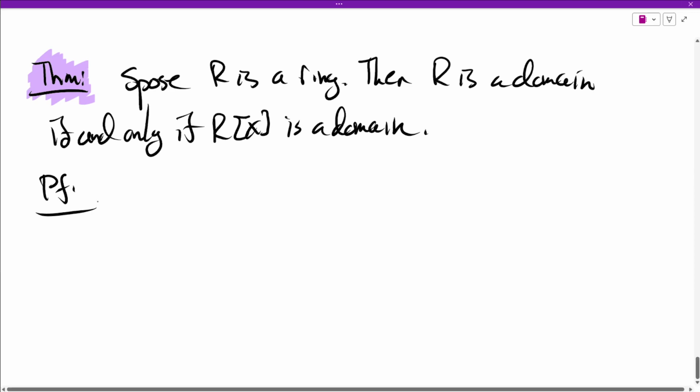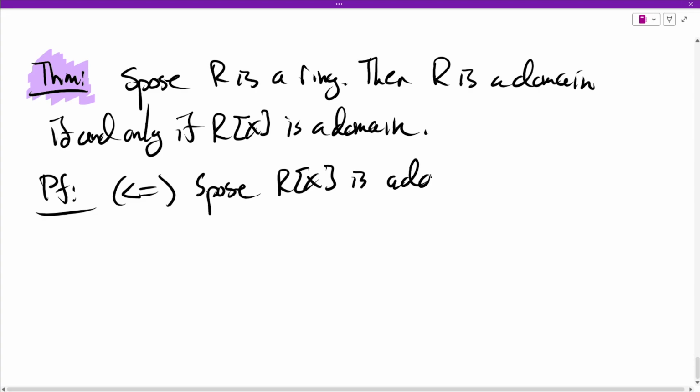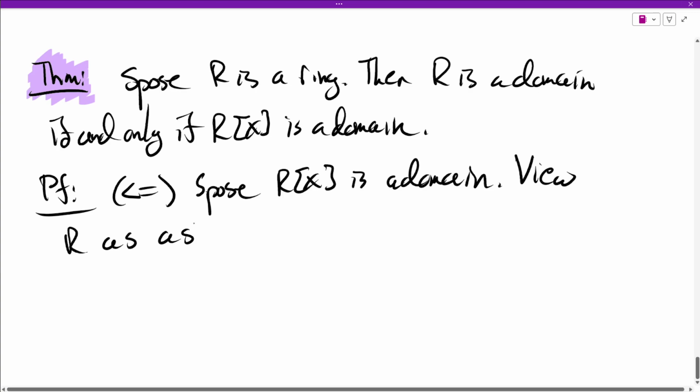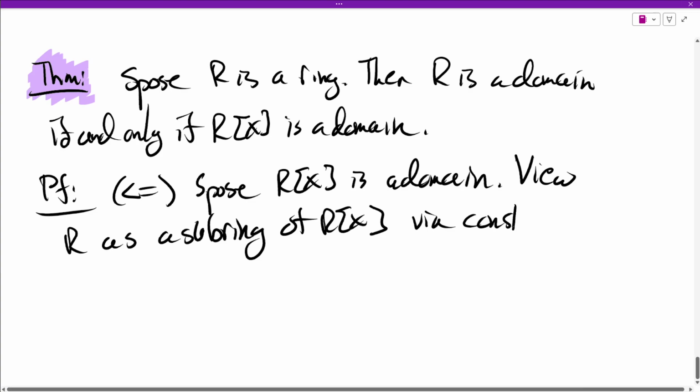There's an easy direction here and a hard direction. I think the easy direction is the reverse direction. So we're going to go ahead and suppose that R adjoin X is a domain. We can view R as a subring of R adjoin X via constant polynomials.